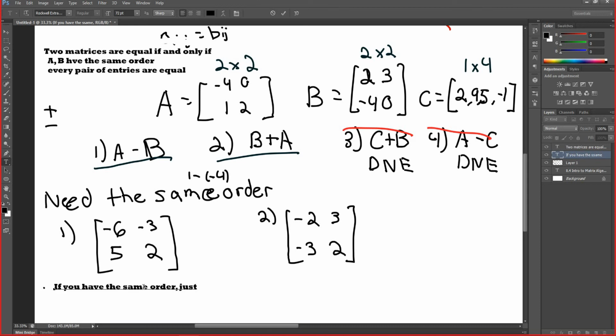We can just add or subtract each entry. So matrix operations are not different in how you would perform them for addition or subtraction.